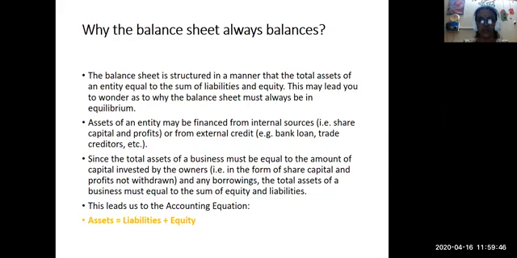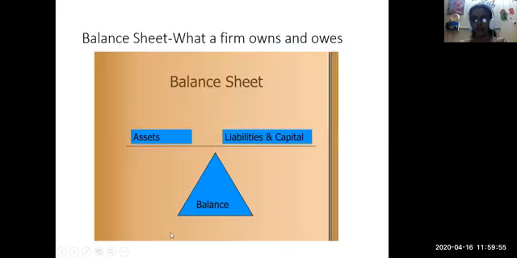When we look into the popular equation of the balance sheet, assets equal liabilities and equity. Why should it balance on both sides? Because whatever the company uses as assets are items which will provide economic benefit to the business. What is that economic benefit?